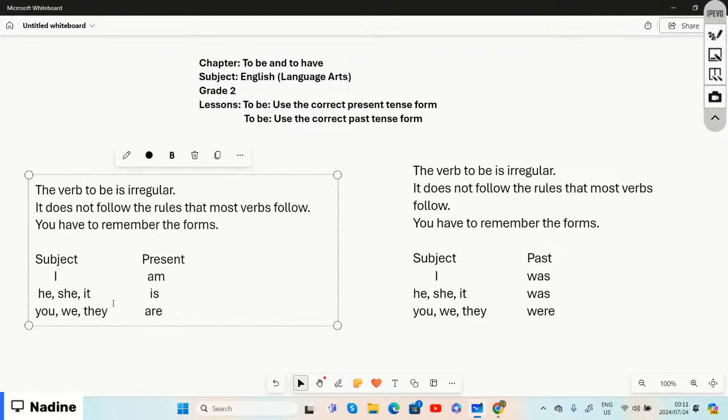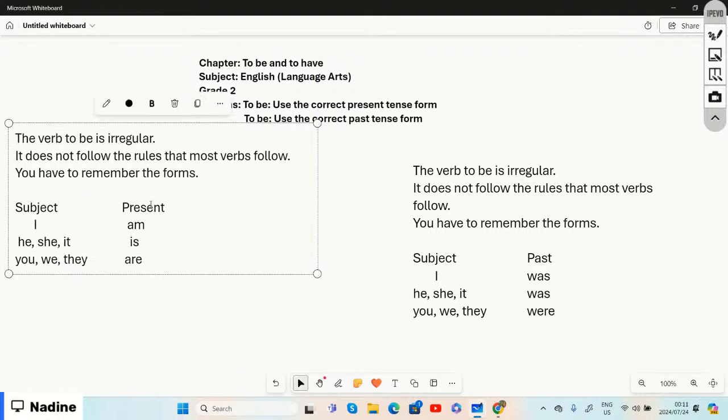All right. So we say that the verb is irregular and it does not follow the rules that most verbs follow.